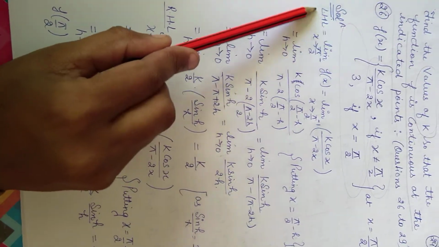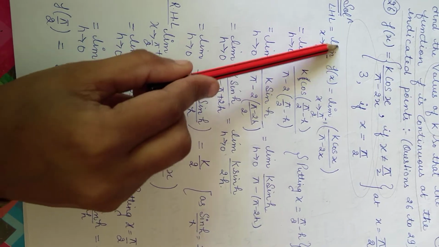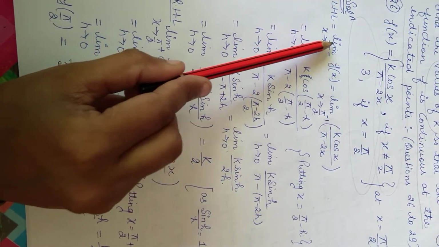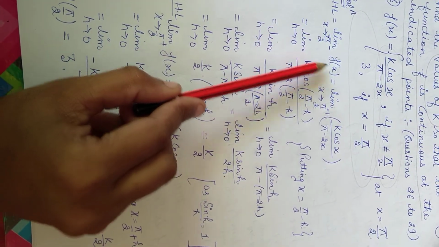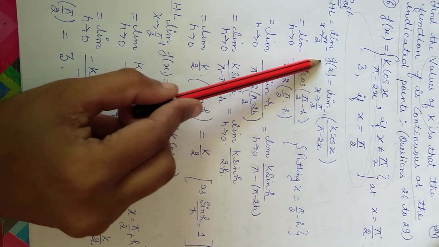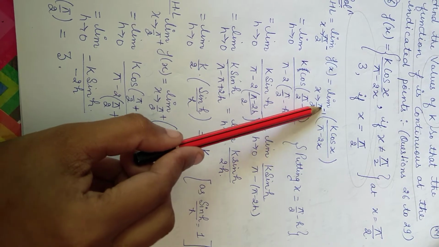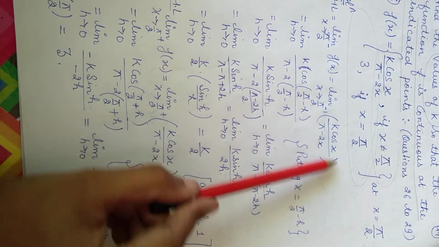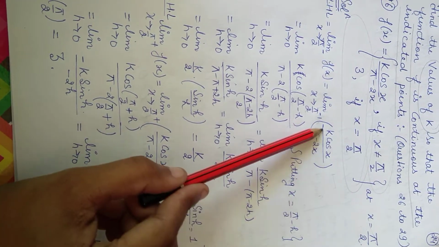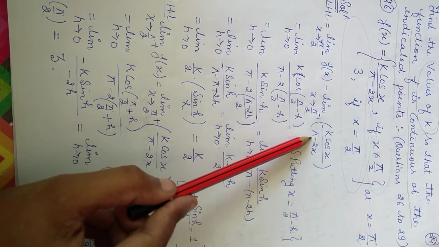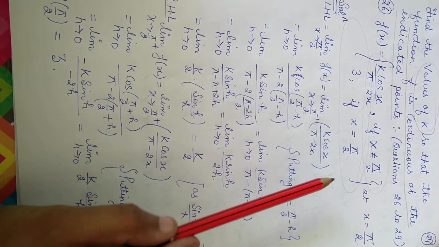Now बच्चे, your LHL is equal to limit of f(x), x tends to pi by 2 negative. In this case बच्चे, your f(x) will be limit of x tends to pi by 2 negative, where k cos x upon pi minus 2x is there.